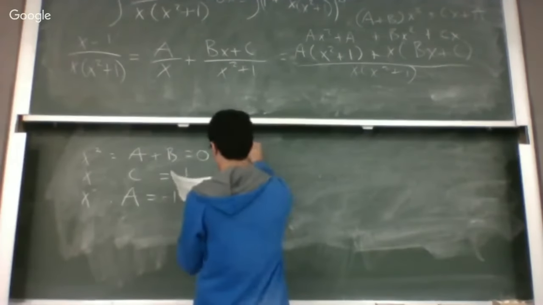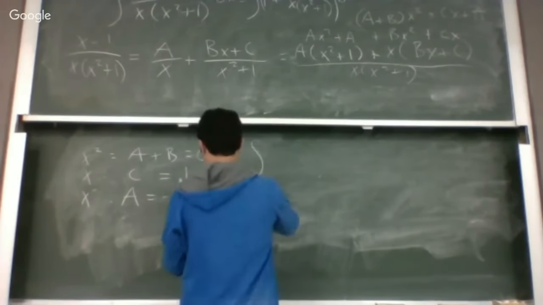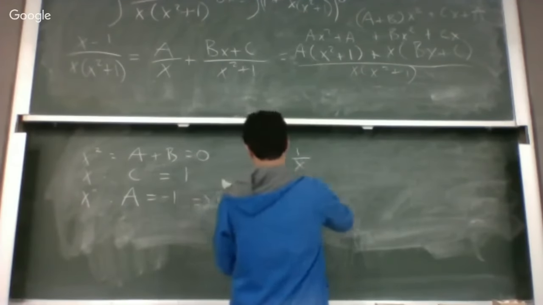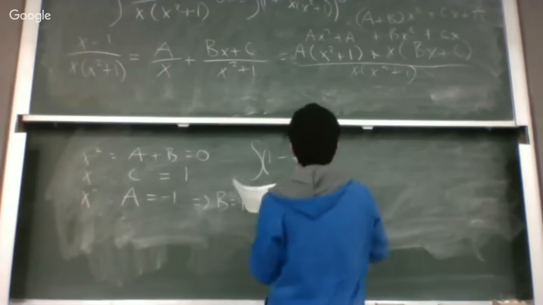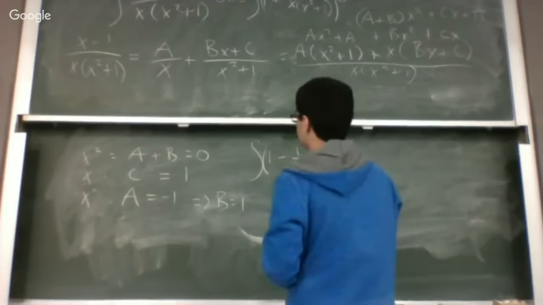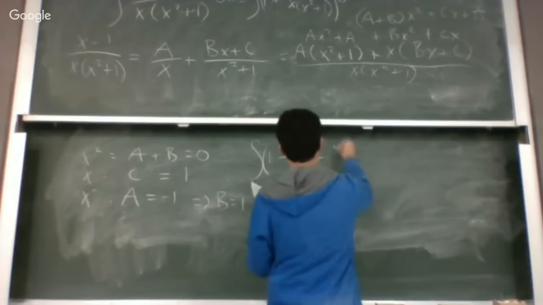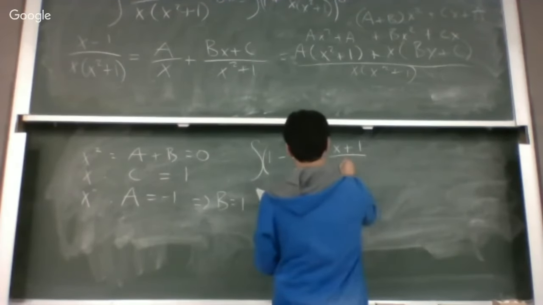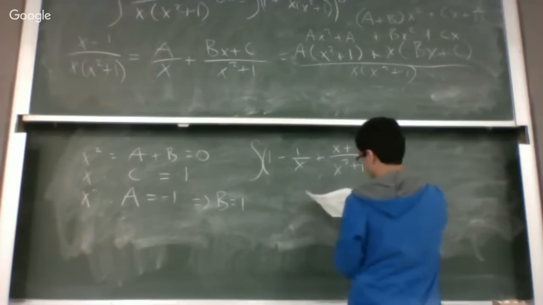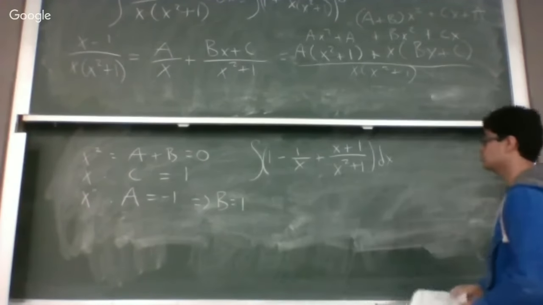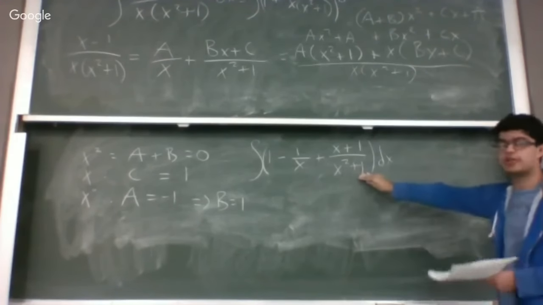And then if we rewrite the integral, we have 1 minus 1 over x plus bx plus c, which would be 1 x plus 1 divided by x squared plus 1 dx. So what's the best way to take the integral of this?